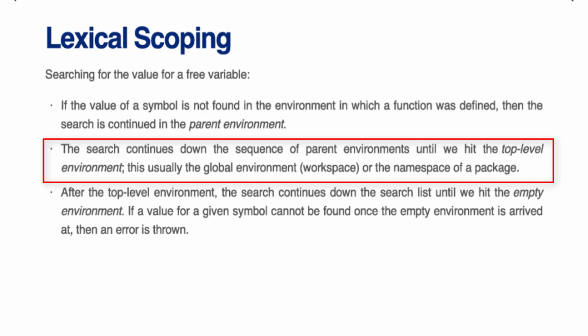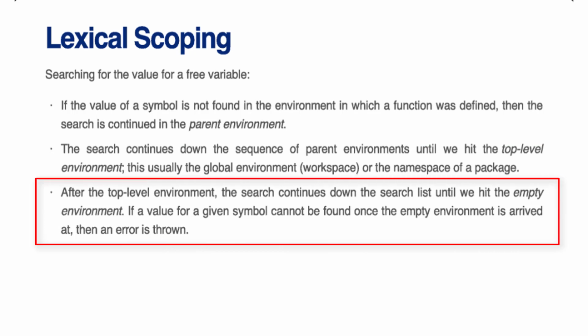Now it's possible to define a function outside of the global environment, and so generally speaking what happens is that a function will look for a value in the environment in which it was defined, and then if it cannot find it there, it's going to look in the parent environment, and then if it can't find it there, it will keep looking at the parent environment of the parent, etc., until we hit what's called the top level environment. The top level environment is usually the global environment.